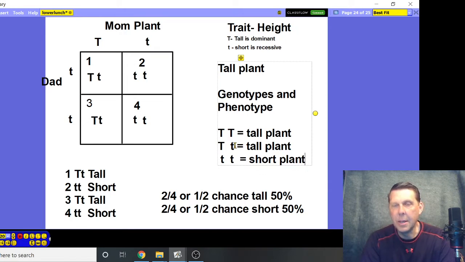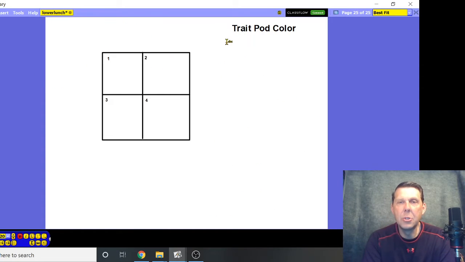You don't see it. You might have a gene for being tall or colorblind or green hair, but if it's the recessive trait and you have the dominant trait, you won't see that. Okay, so green is the dominant trait.